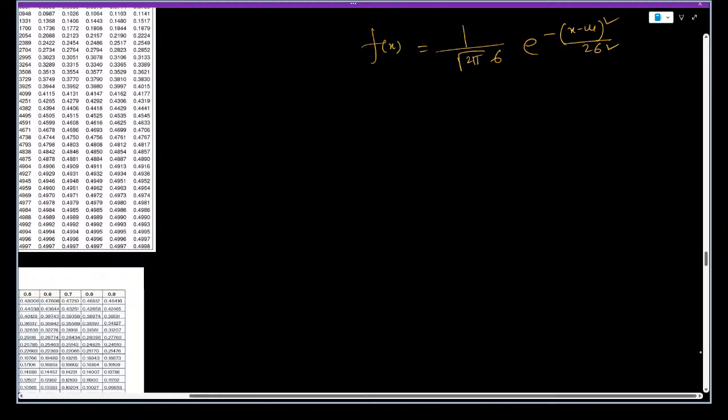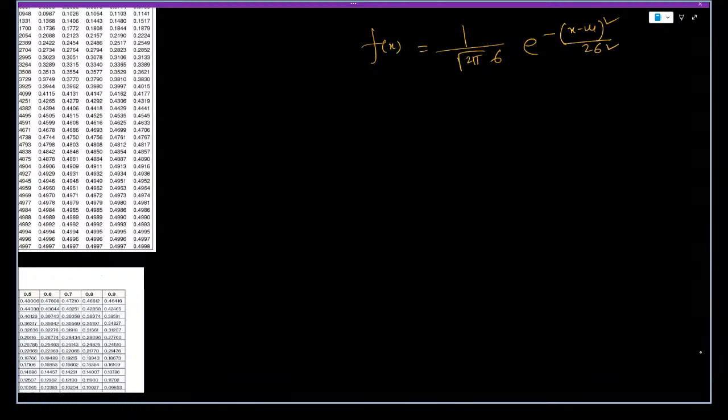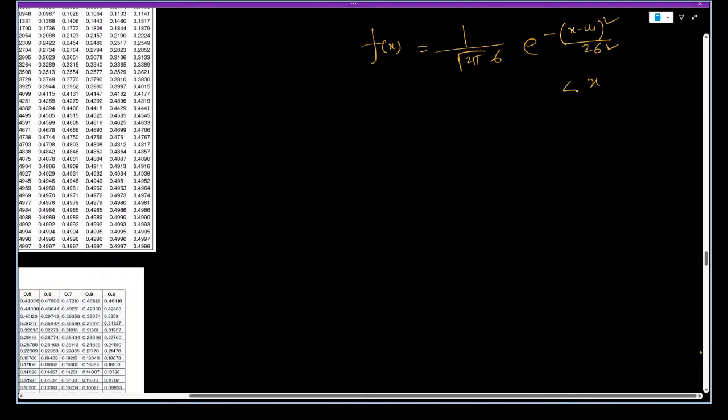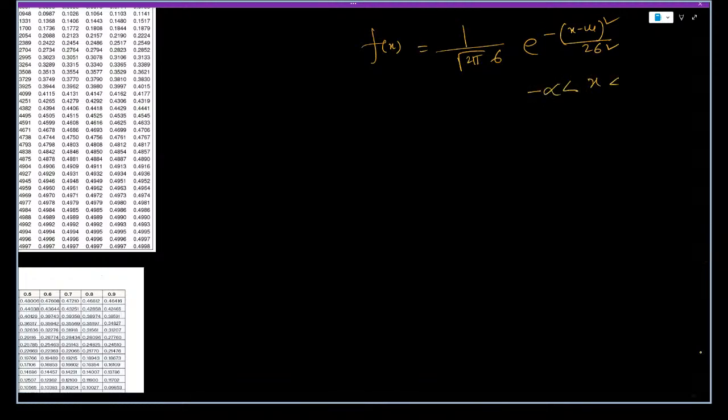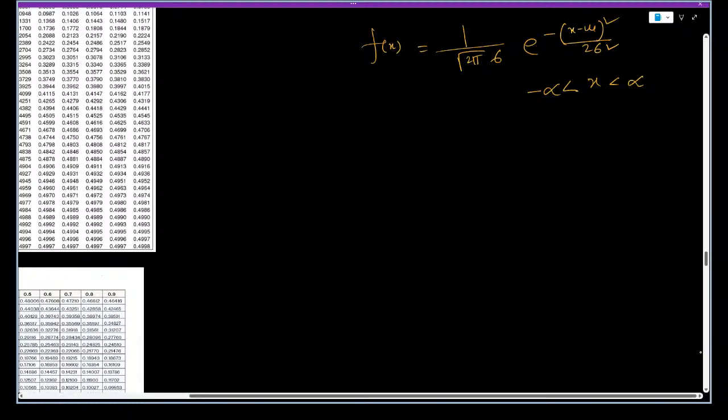Okay. The value of x is greater than minus infinity, less than infinity.